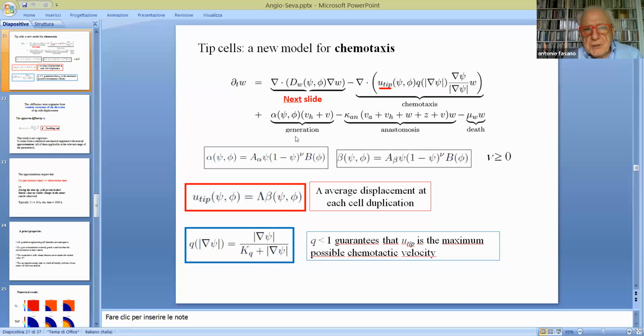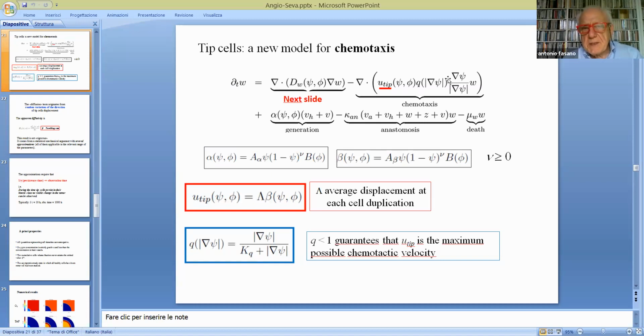We have generation of tip cells directly from the existing vasculature. We have anastomosis, and this is a term we have already seen. And we have some death, and here we have chemotaxis. This is classical chemotaxis. Well, it is not the classical chemotaxis.